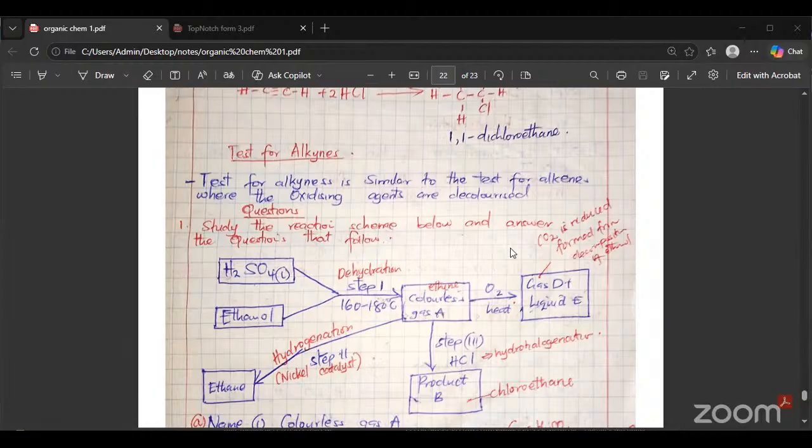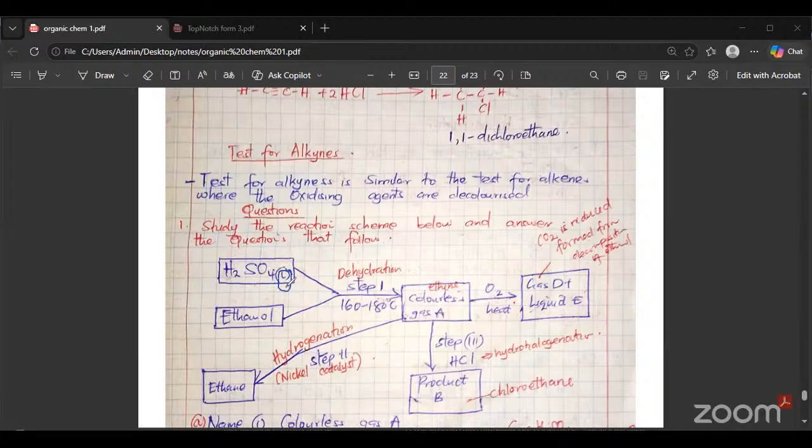I want you to say, step one, you are supposed to remember the preparation of those gases, but that one actually is not very important. You are supposed to remember the use of sulfuric acid, which is normally used concentrated. It is written as L. Let me just tell people so that they never forget: when an acid is written as liquid, it is concentrated.